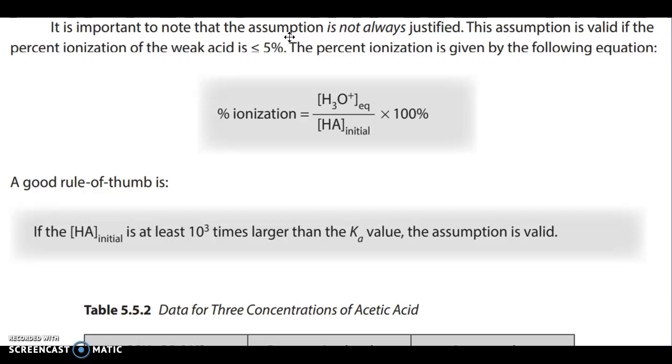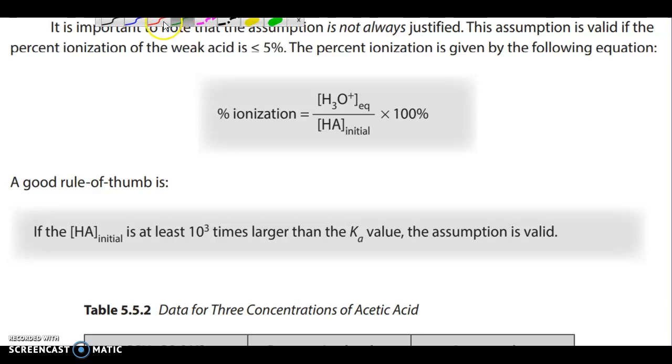But we know that for weak acid equilibriums, it's going to be somewhere between 1 and 99%. It's important to note that the assumption is not always justified when we're talking about percent ionization of a weak acid. So what do I mean by that?